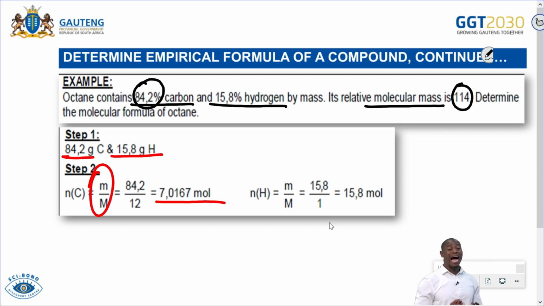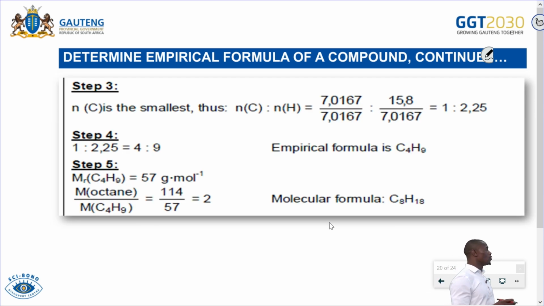How do you find the ratio? We divide by the smallest number of moles. So the smallest number of moles between 7.0167 and 15.8 is 7.0167, right? Then we are going to divide by that. So the number of moles of carbon is the smallest, right? So hence here we've divided by 7.0167. So it's 7.0167 divided by 7.0167.